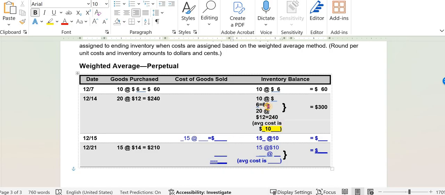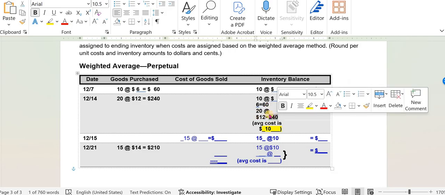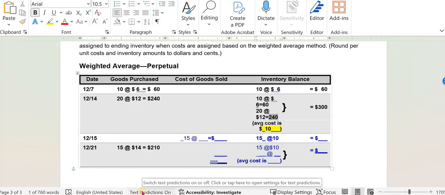Okay, I got that. 10 times 6 is 60. 20 times 12 is 240. 240 plus 60 is 300. 300 divided by 30 units is a $10 average cost. Now, when we sold our 15 units, then what do we use for our cost?